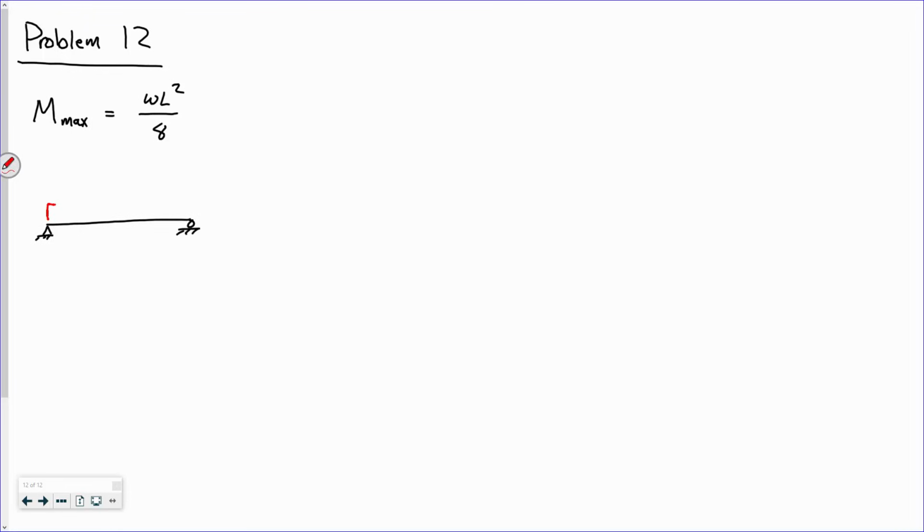It's being subjected to a load like that. That's W. The beam is L long. So this is WL over 2. WL over 2. Shear diagram. We go up, go down, go up, so that's WL over 2 minus WL over 2, and that area is WL squared over 8.